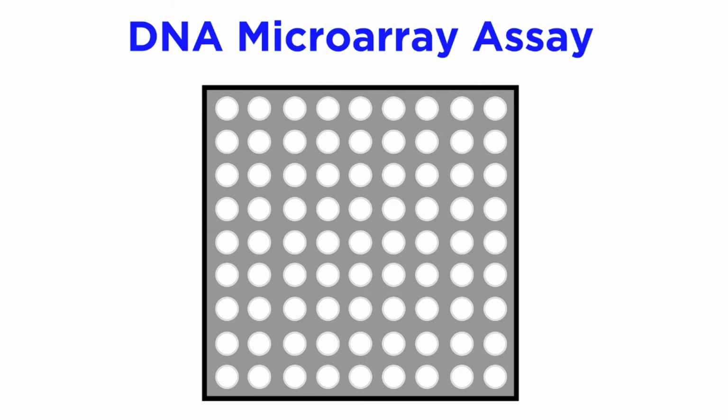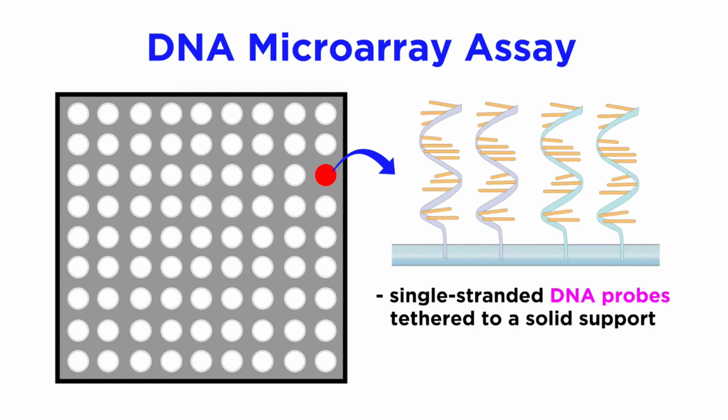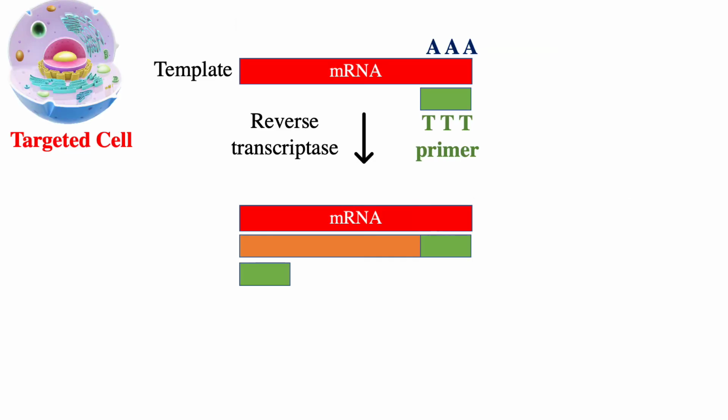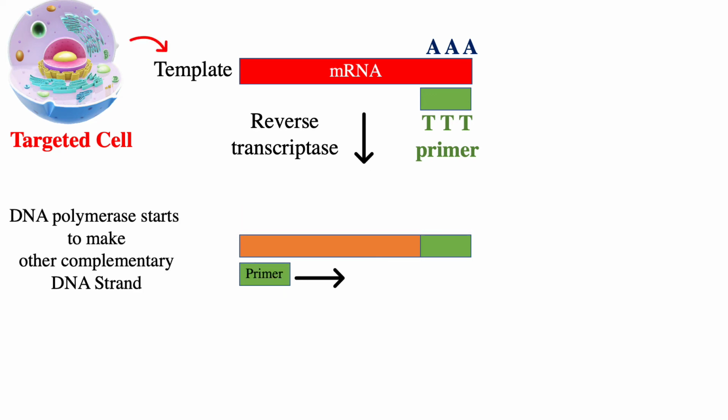This is a powerful technique involving a huge grid of tiny spots, and in each well sit many copies of a single-stranded DNA fragment called a probe, attached to a solid surface, which each represents a particular gene. So we can think of this as a grid of many different genes of an organism, or even all of them ideally. Then, by the process we already discussed, mRNAs that are made in the targeted cells are isolated and reverse transcription is performed to generate the cDNAs.